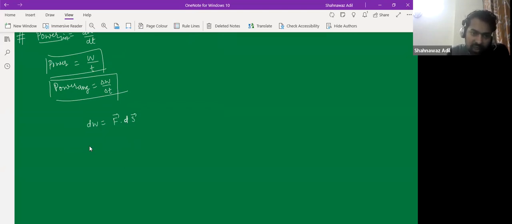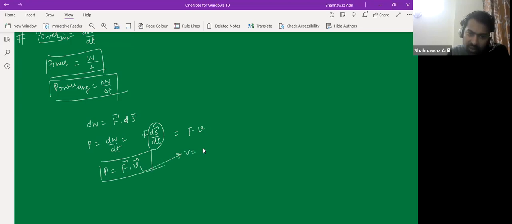So dW by dt would be F dot ds by dt. So ds by dt is how much? That is v, right? In dot product form, we can write power as F dot v, where v is velocity.